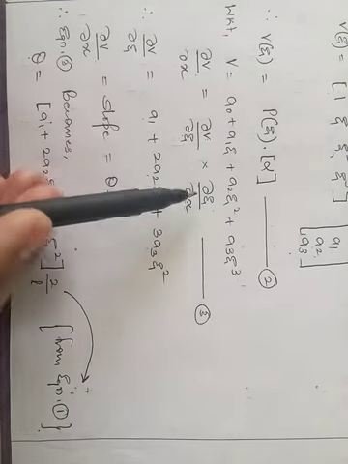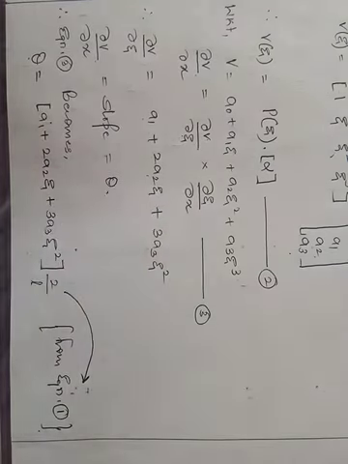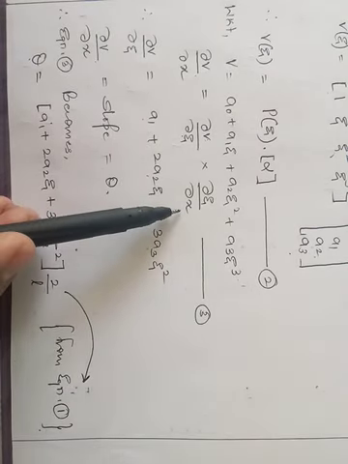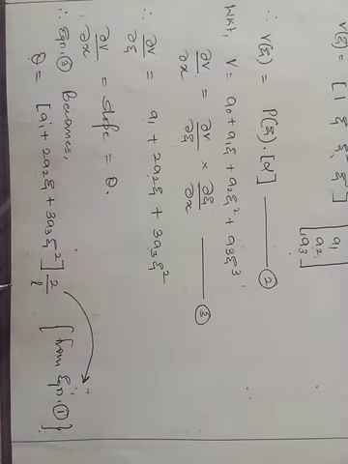What is remaining is dou zeta by dou x, which is nothing but 2 by L, from equation number 1. This was my first derivation before I could start with the Hermite shape function.